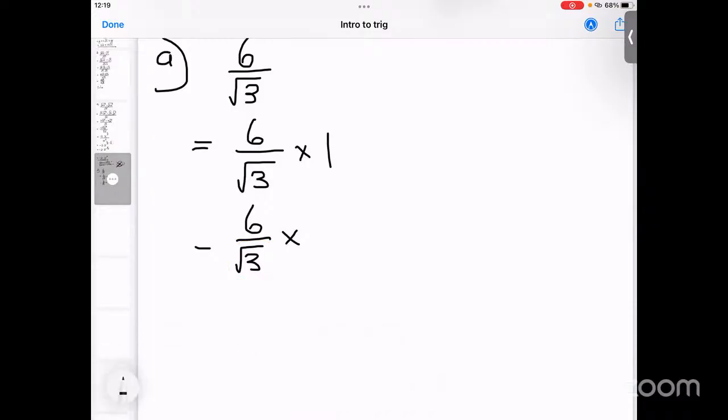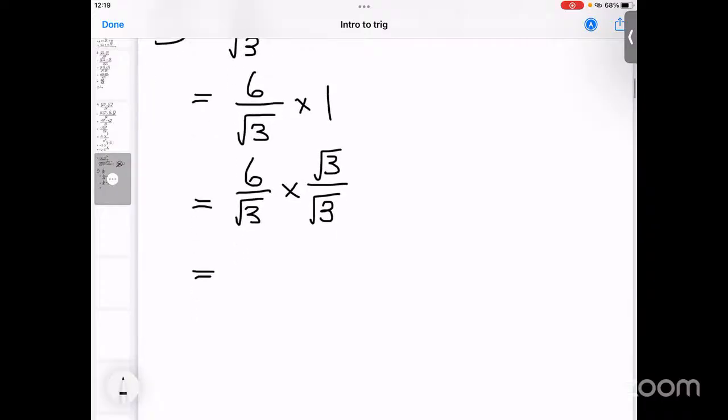So you'll multiply it by square root of 3 over square root of 3. Square root of 3 over square root of 3 is 1, because it cancels. So can you now see, we haven't changed anything. We continue to multiply it by 1, which means this multiplies that and that multiplies that.